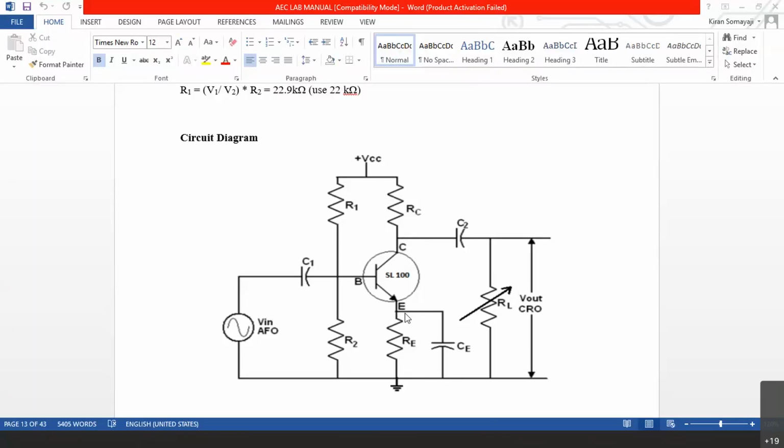Now, if that is not happening, then what should you do? Let us say, when you connect the multimeter at the collector with respect to ground, you don't get 6 volts, let us say you get 10 volts only. What does it mean?